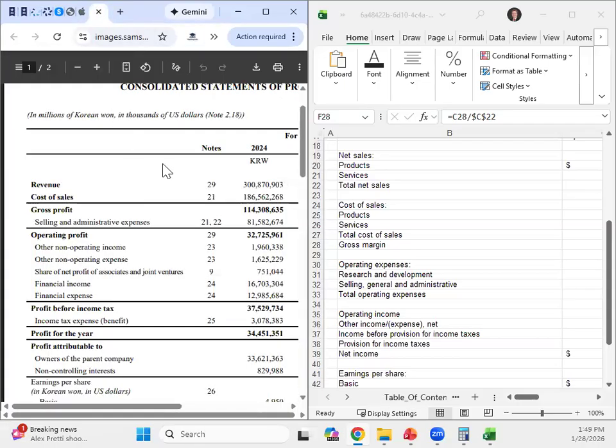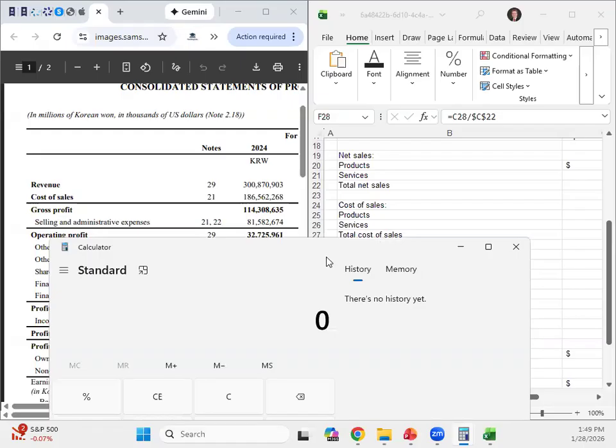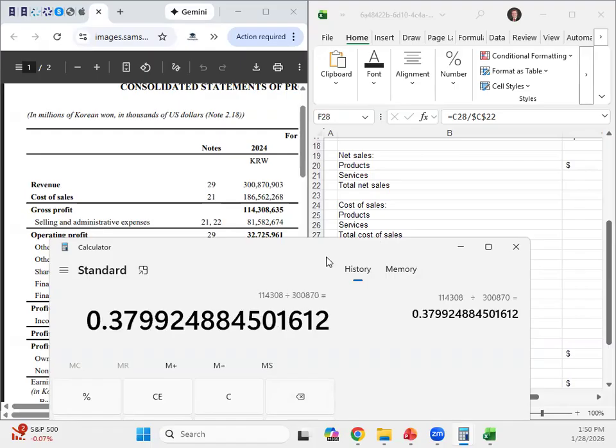And we can see Samsung, if we take the gross profit of 114,308 divided by 300,870, Samsung's margin is 37%.